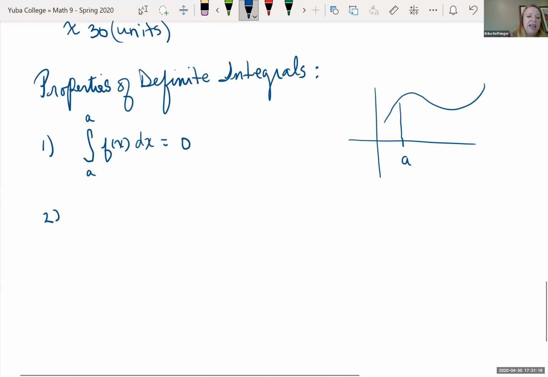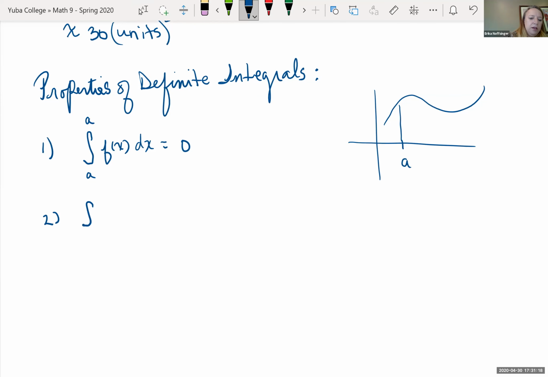If you were looking at the integral going from b to a, we're putting on the stipulation that b is bigger than a. So if our lower bound is bigger than our upper bound, and we're taking the definite integral, this is going to equal the negative of flipping our values, a to b of f of x dx.